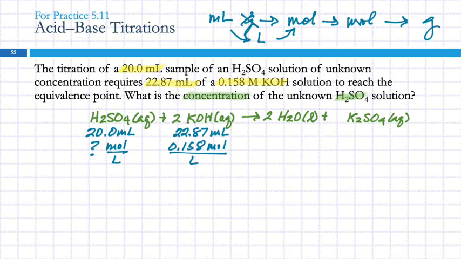Now at the end, are we looking for a mass? No. We don't want that. What are we trying to find? Moles per liter. So what if we stop this at moles? And then we know this volume, we can convert that to liters and find the molarity.